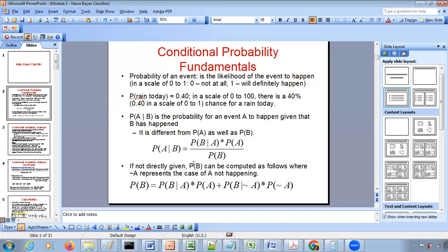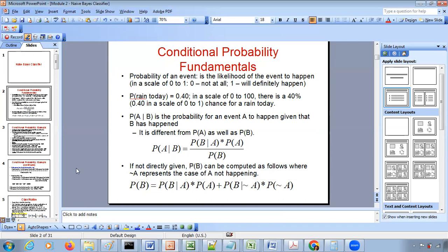If the individual probability of event B is not given, and if A and B are the only two events considered in the system, then probability of B could be computed with a formula like this. That is probability of B given that A has happened times probability of A, plus probability of B given that A has not happened times probability that A will not happen.